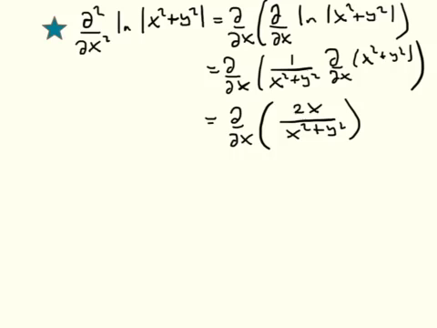This is 2x multiplied by (x squared plus y squared) all to the power of minus 1. So it's the product rule together with the chain rule for powers. When we differentiate the 2x, we get 2 over x squared plus y squared. And then we have a 2x multiplied by the derivative of (x squared plus y squared) to the minus 1.